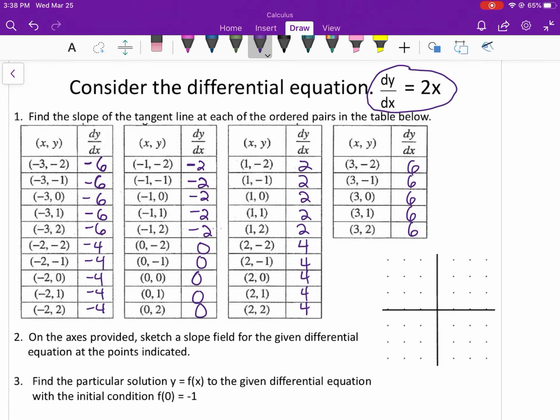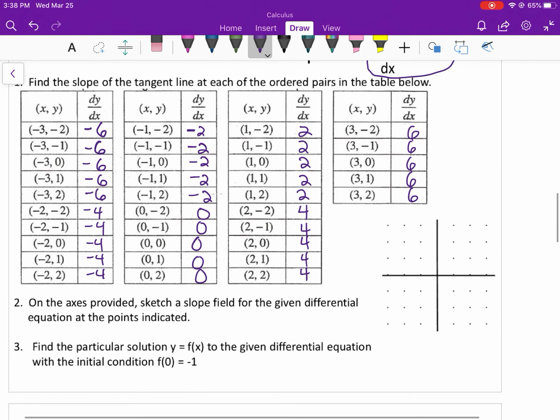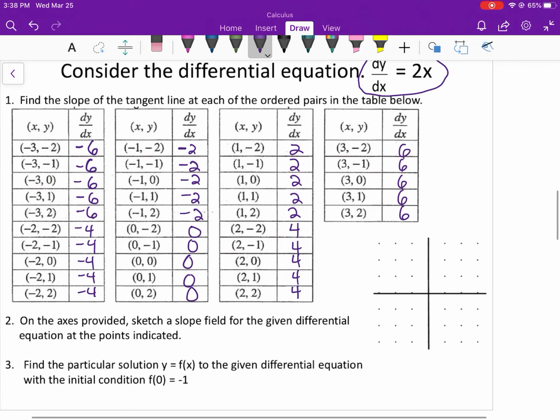Okay, once you have that done, then we're going to make a sketch of the slope field. So you're literally sketching a stick at each point that would represent the slope at that particular point. So we know that negative slopes go downhill. A slope of -6 will be steeper than a slope of -4.